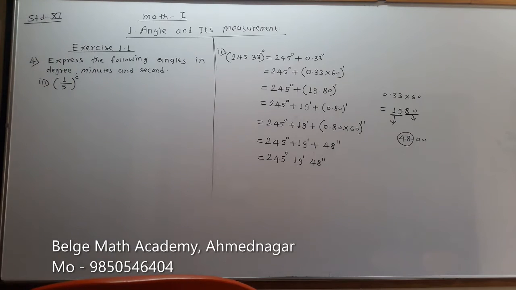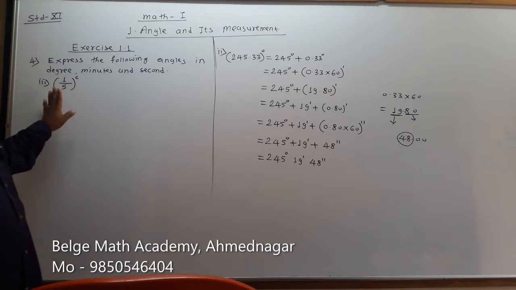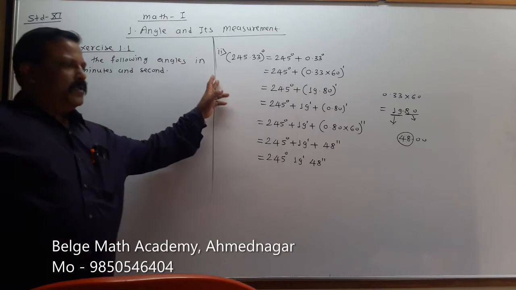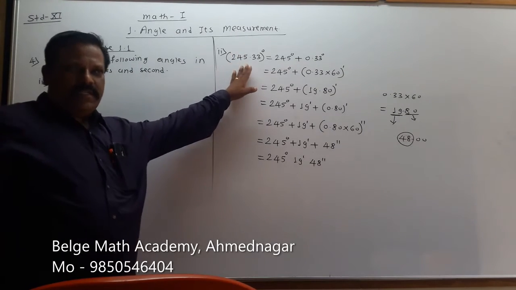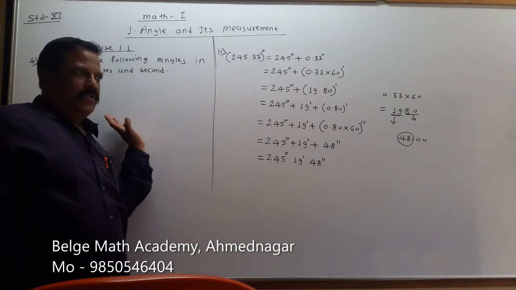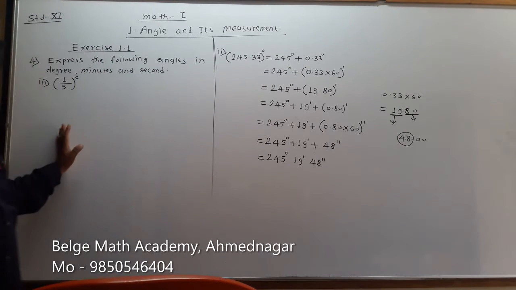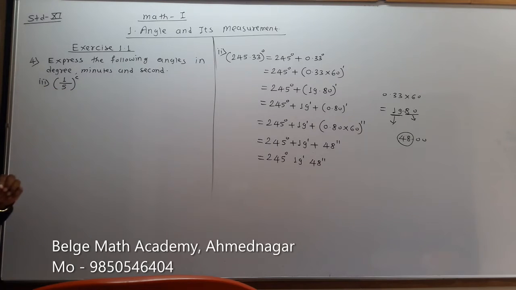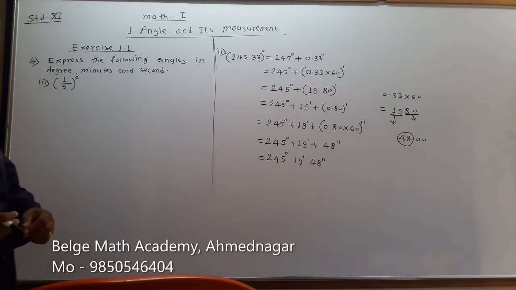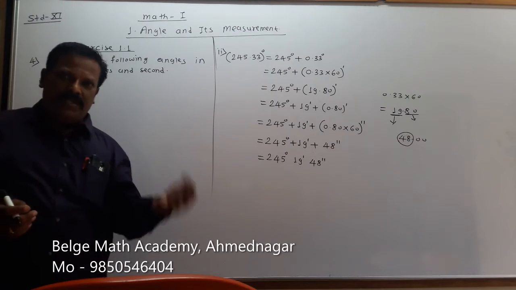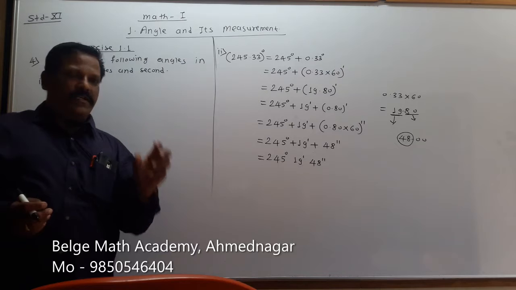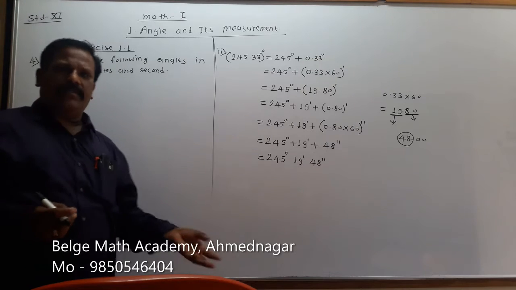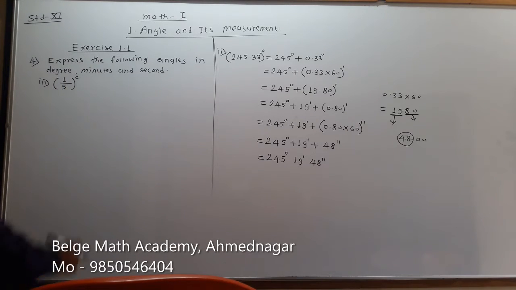In the previous two examples, degree measurements were given, but in this example the measurement is given in radian. So first we convert it into degree, then this degree is converted into minutes, and the remaining decimal part is converted into seconds. That is the process.